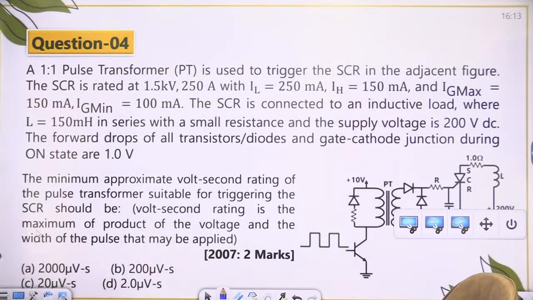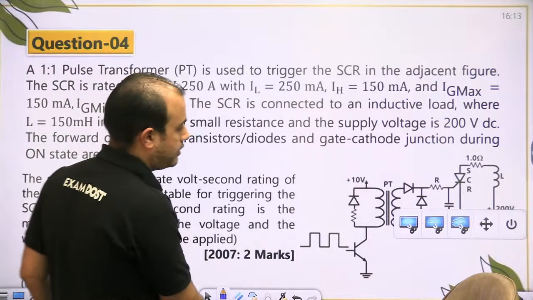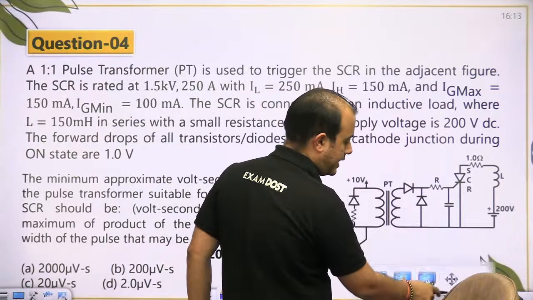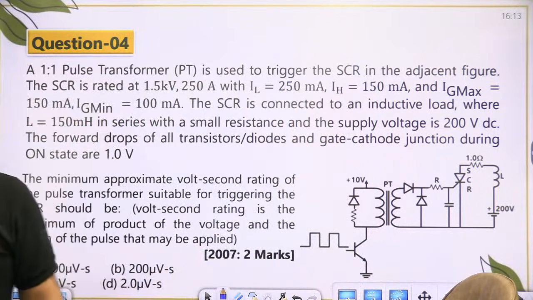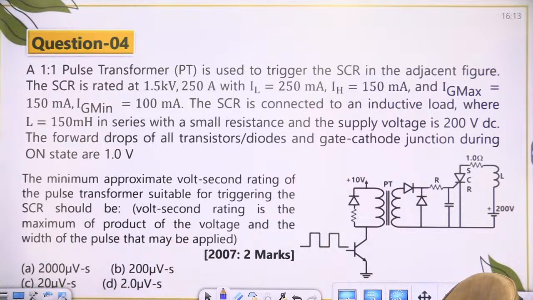The next part of the same question is the minimum approximate volt-second rating. What is the volt-second rating, beta? The voltage multiplied by the minimum pulse width required for triggering. You have to multiply the voltage by the minimum pulse width.